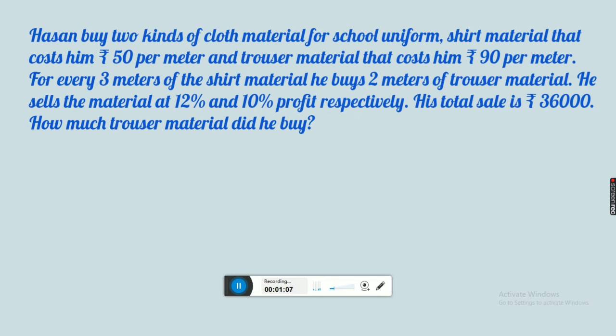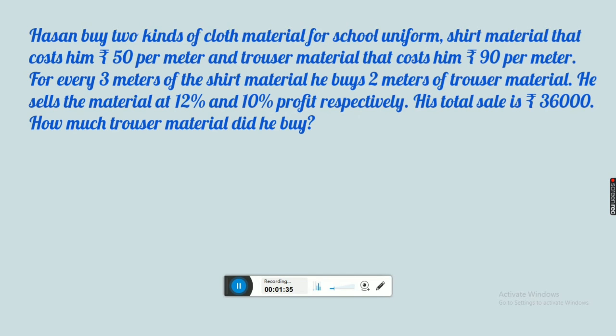Hassan buys two kinds of cloth material for school uniform. Shirt material costs him rupees 50 per meter and trouser material costs him rupees 90 per meter. For every 3 meters of shirt material, he buys 2 meters of trouser material.